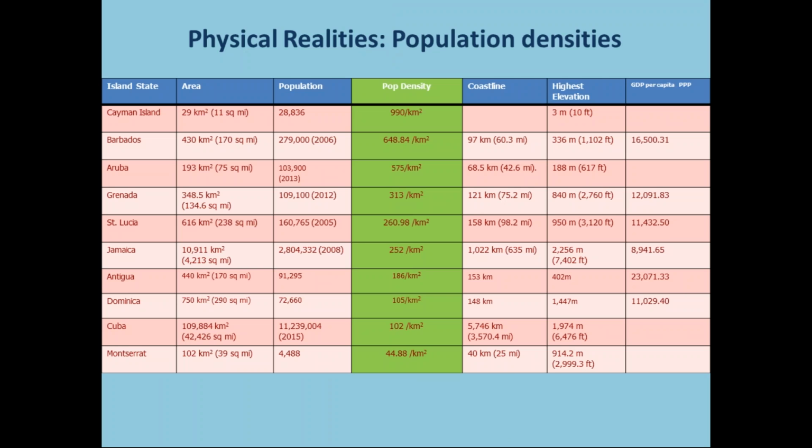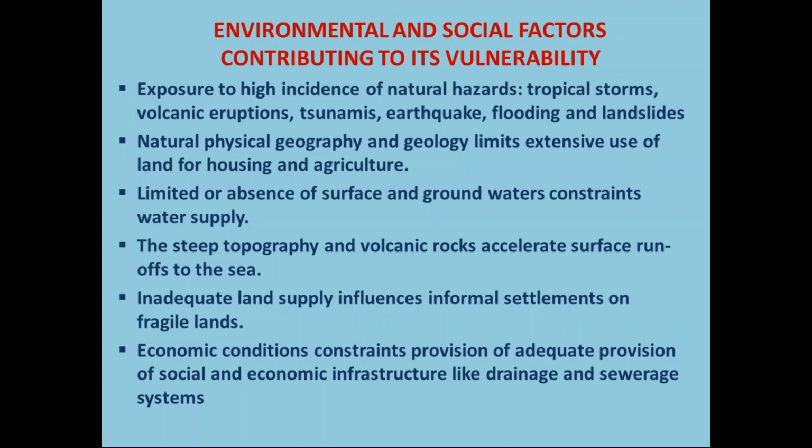Part of the problem in these islands is high population density. You can see Cayman with 990 persons per square kilometer. What are some of the environmental and social factors that contribute to the small island developing states? We have high exposure to the incidence of natural hazards. The physical geography and the geology limit extensive land use and also agriculture.